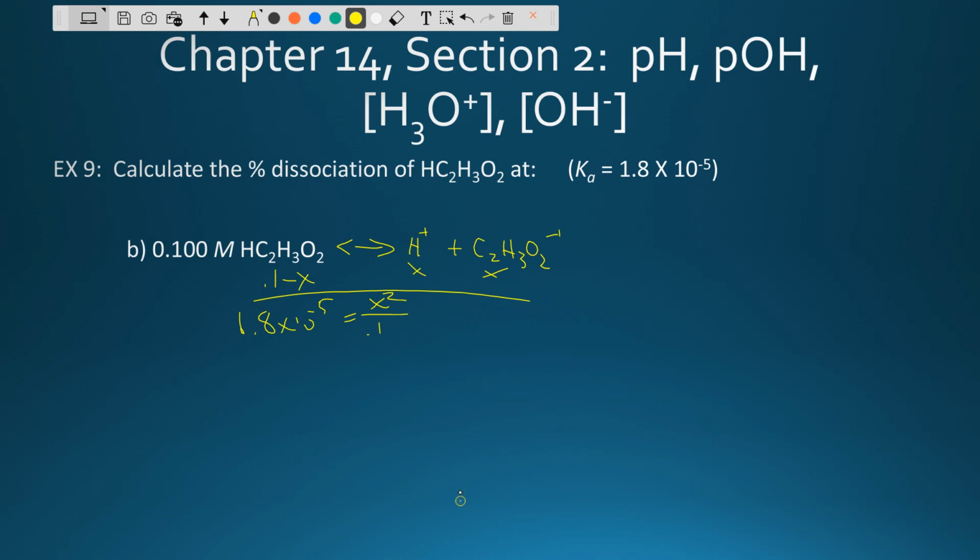If I solve for that, I'll end up with a value of 1.3 times 10 to the negative 3, just taking the square root of that. I divide that by my original concentration of 0.1, multiply by 100%, and I'll end up with a dissociation of 1.3%.